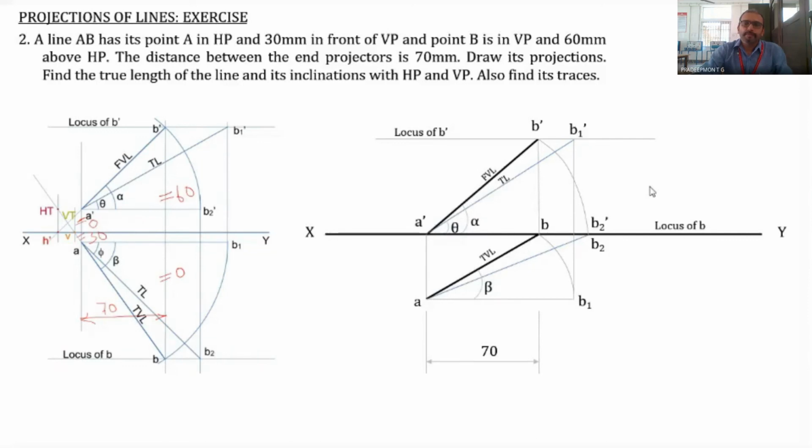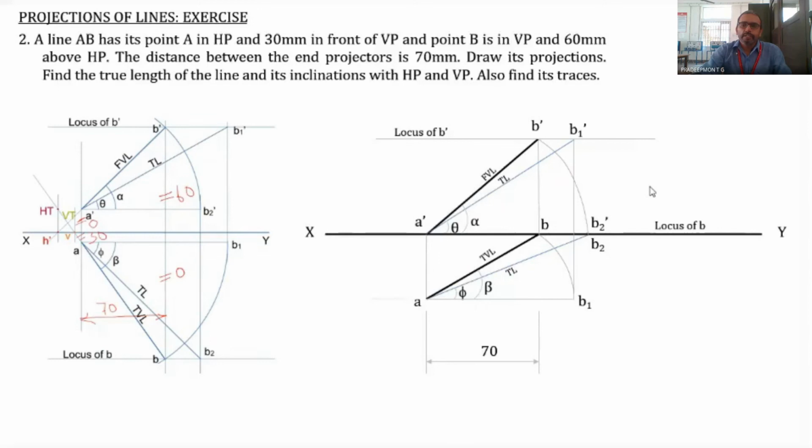So this is again a true length line, and then we mark the angle. This angle is phi, the angle that the true length line AB2 makes with the horizontal line AB1. So that is the inclination phi, that is the true inclination.